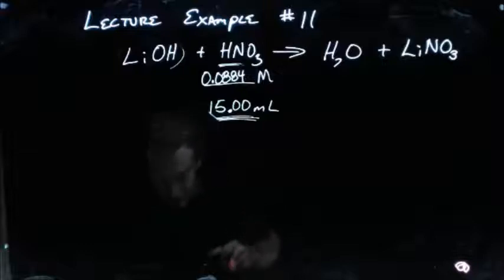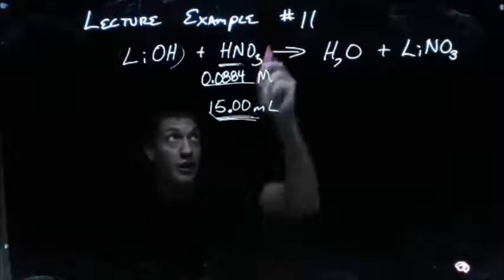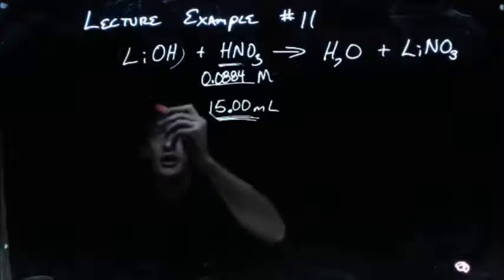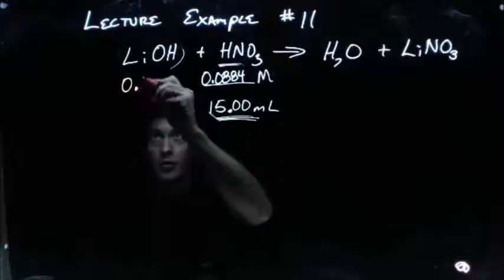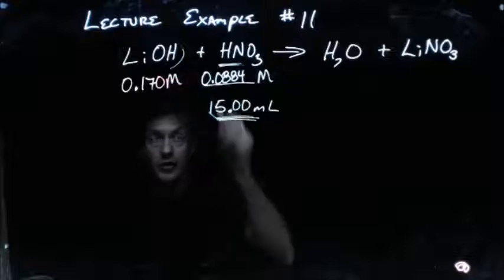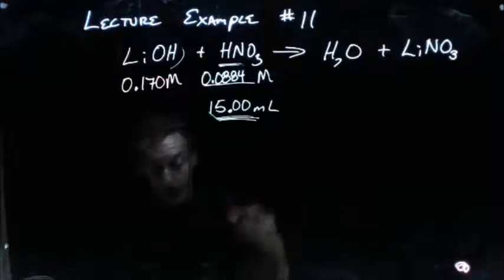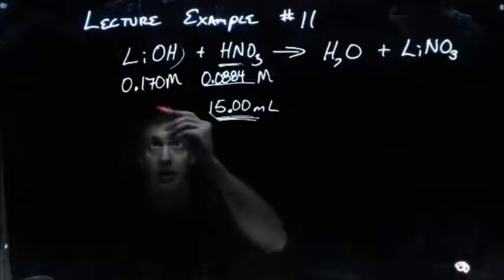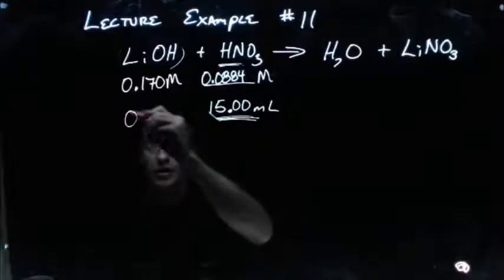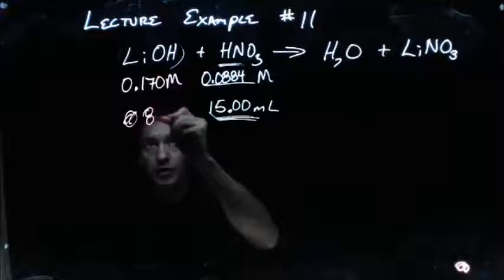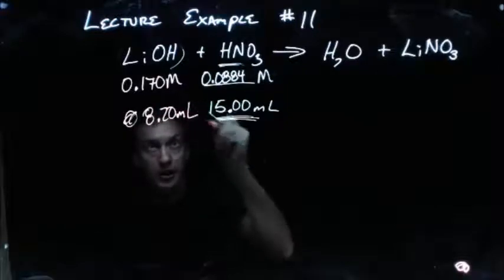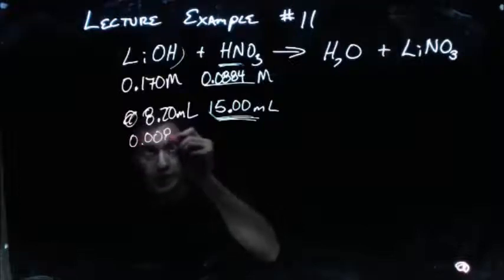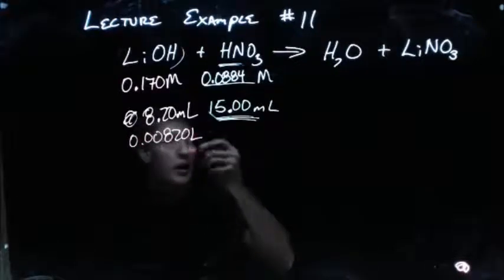We're ready to start lecture example 11C. And in 11C it tells us that we still have 0.170 molar lithium hydroxide, but now we've added more than we added in part A to neutralize it, and so we have added 8.20 milliliters, and in liters that would be 0.00820 liters.